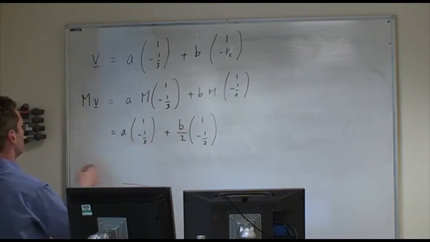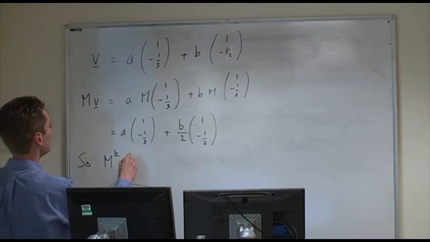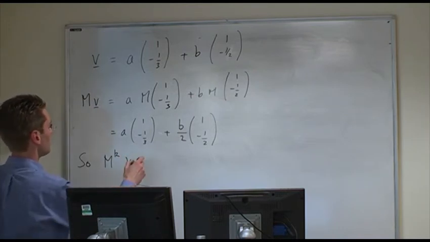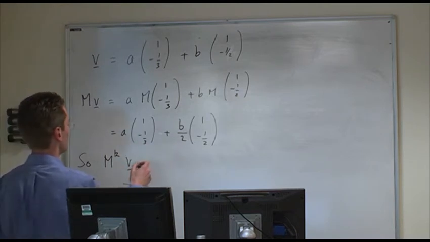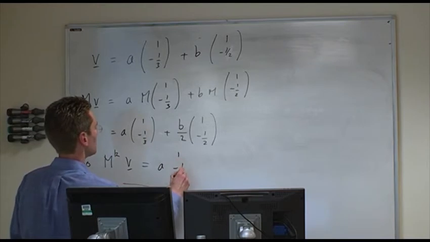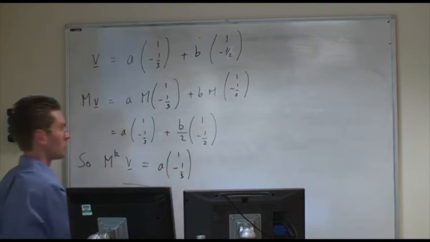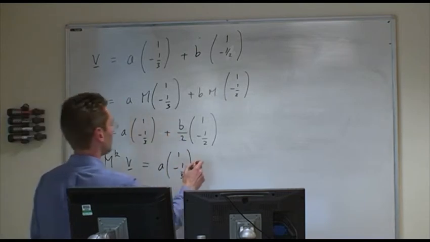So, skipping details, suppose I apply M to the power k to v. That's the same as applying M k times. Nothing is going to change in the first part. But the second part, I'm going to keep dividing by 2.